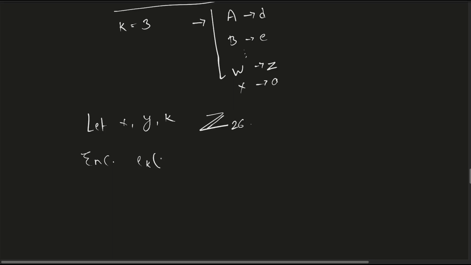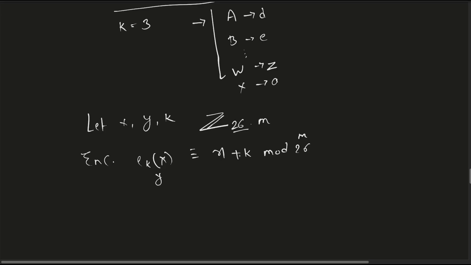For the encryption, converting X to Y is equivalent to X plus K mod 26. This 26 is our M, so we could call it mod M. This is encryption, and decryption is the exact opposite.